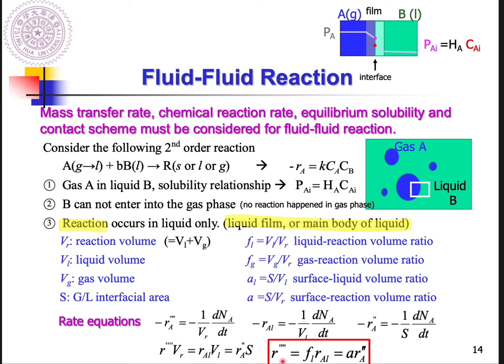You can also write r_A prime equal to this divided by V_R. So V_L over V_R, f_L, times r_AL, and S over V_R times r_A double prime. So you can easily convert them into different units, and you also know the relationship between r_A prime, r_AL, and r_A double prime. Okay, so today we just end here.